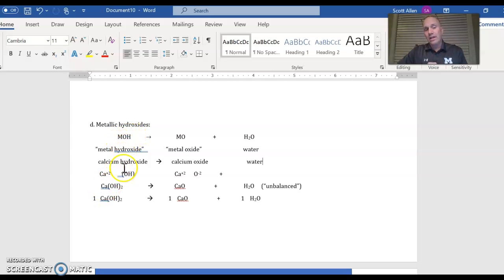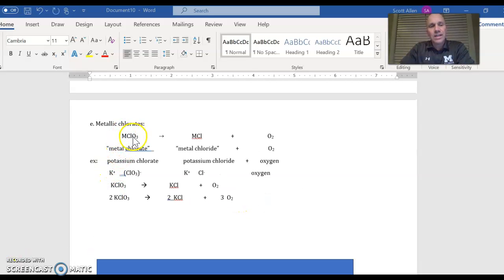If this were potassium hydroxide, that would be the case. But if you're with the alkaline earth metals, the group 2 metals, it's going to have 2 hydroxides because of the results of the crisscross rule. So taking a look at this, we want to make sure that it's balanced. We count up everything, and this one would be balanced.